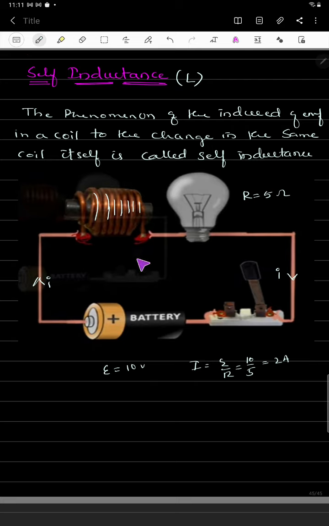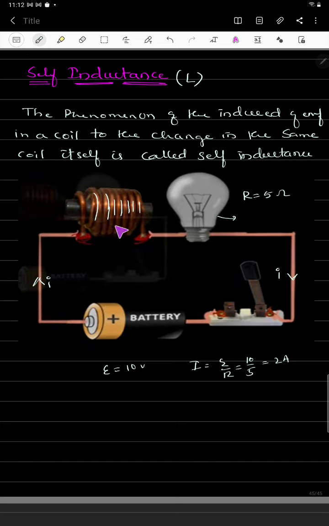I open the key, close the key, and the time for the bulb to glow completely might be 0.15 microsecond or 1 microsecond, some finite time. So why is it taking time? That is due to this effect.